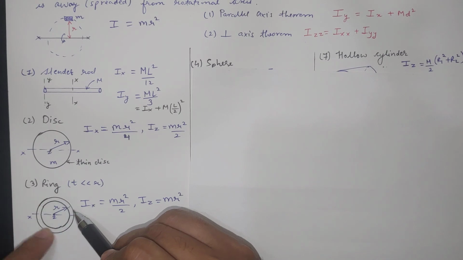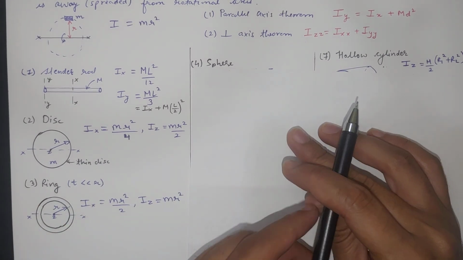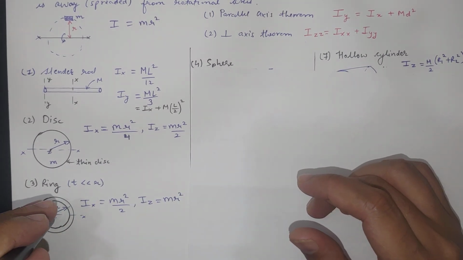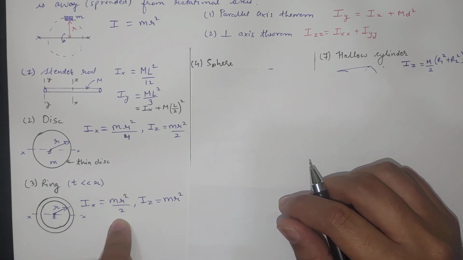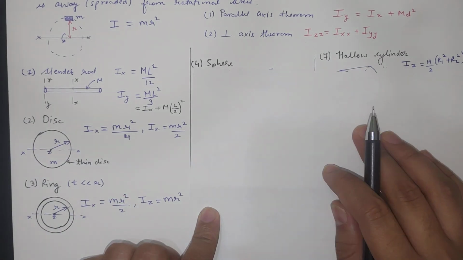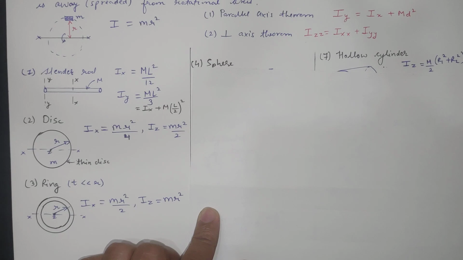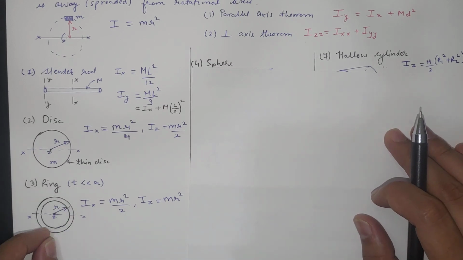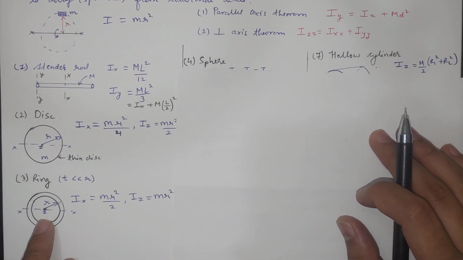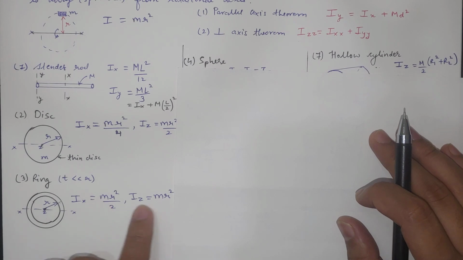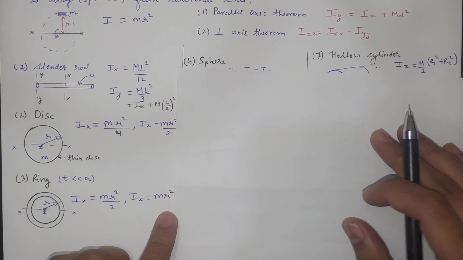So for the entire mass, the Iz with respect to this perpendicular axis will be mr square, and Ix will be half of that, mr square by 2, from the perpendicular axis theorem. This is because the mass is at an equal distance from this z axis, which is coming out of the paper. So like this we can calculate Iz, and for Ix we simply divide by 2.